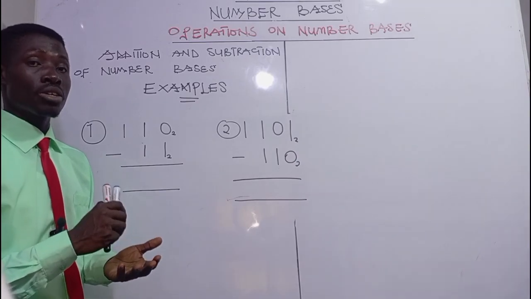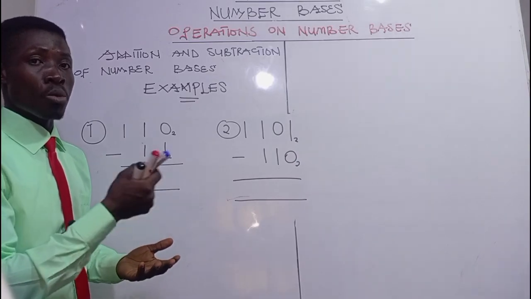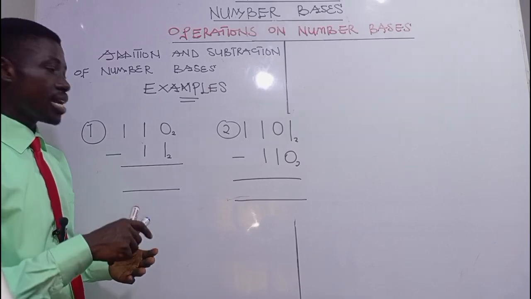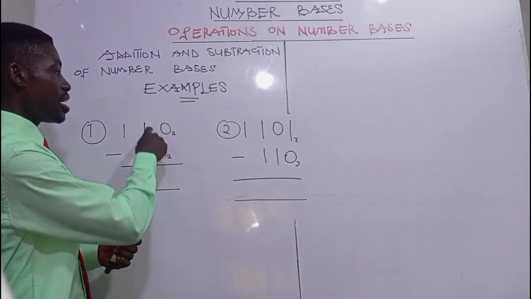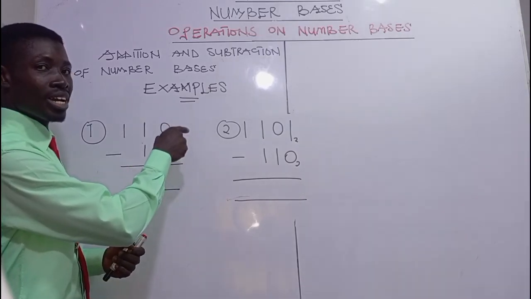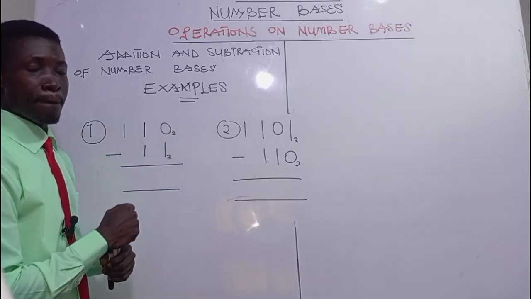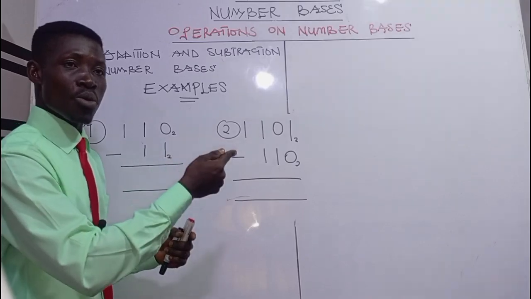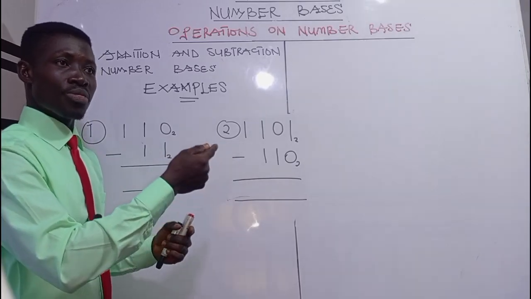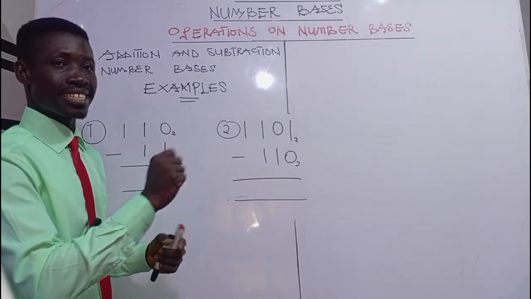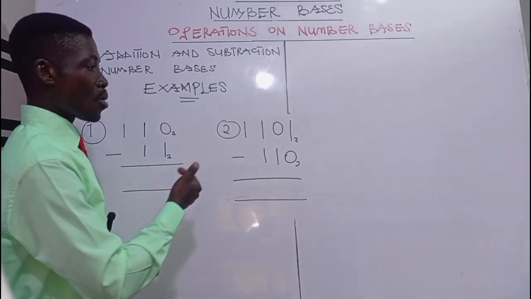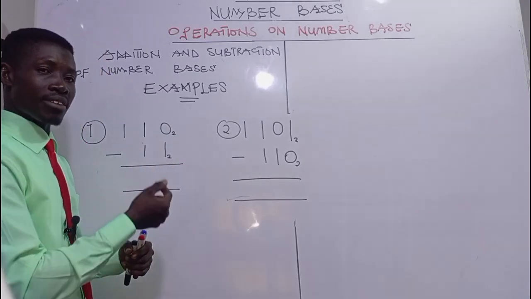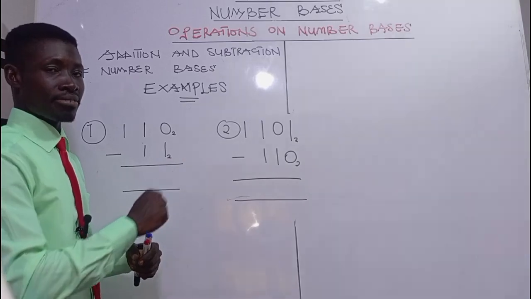But what you must take note of is when you are borrowing. When you are working in base 2, the number that you borrow is 2. When you are working in base 10, when you borrow, the number that you borrow is 10. When you are working in base 5, when you borrow, it is 5.